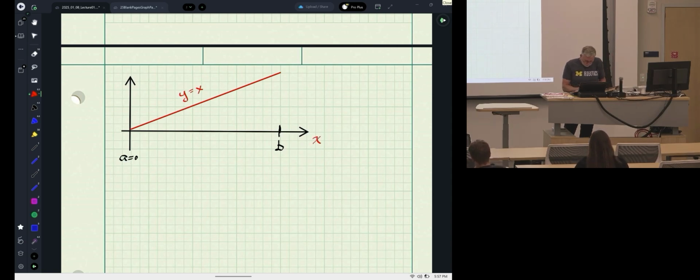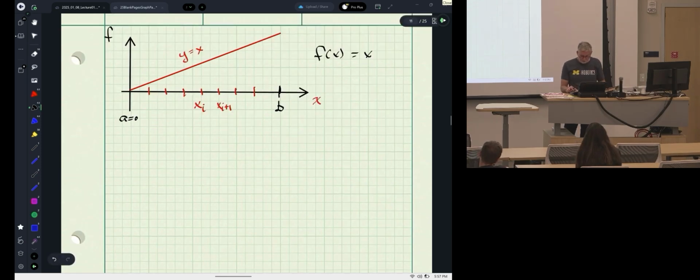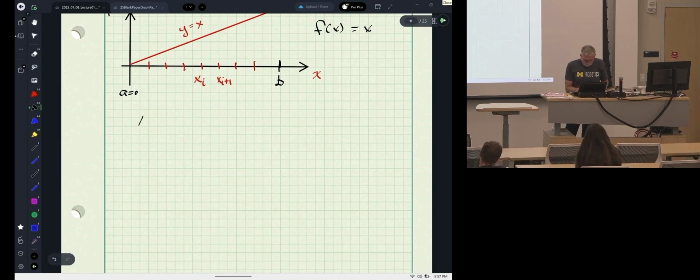And then we're just going to chunk this up. Okay? And this will be labeled xi, and this will be labeled x sub i plus 1. Okay? And so our curve is f of x equals x. Okay, so now I've got to do some definitions.